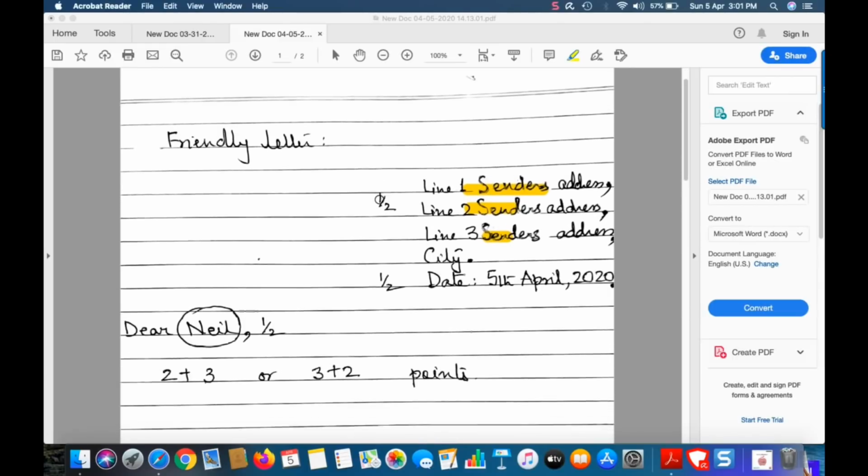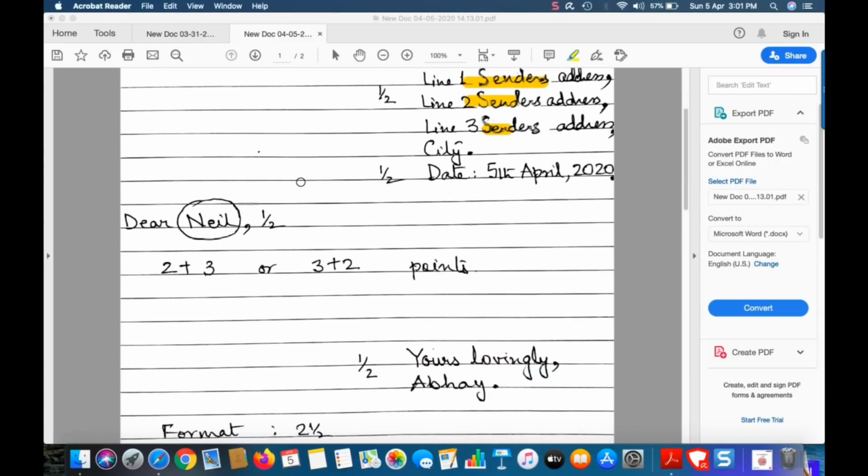Moving on. Next is to whom you're writing the letter. This is called the salutation. Now see, it has to be dear, followed by the name of the person.